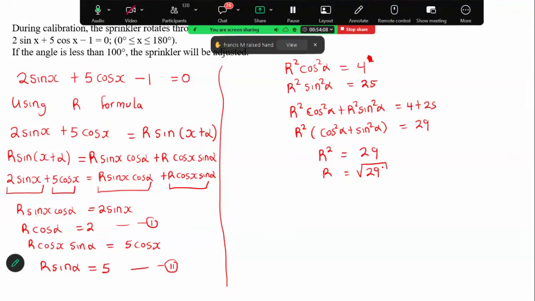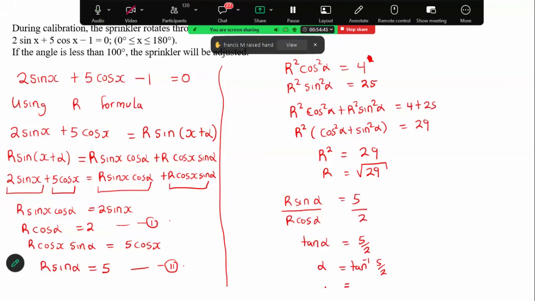Now avoid writing decimal points at anything. Here, take it the way it is. Don't write those decimal points, leave it like that. Then the next thing, we are going to get the angles. So you are going to divide equation 2 by equation 1. We shall have r sine of alpha equals 5, divided by r cos of alpha equals 2. So we shall have tan of alpha equals 5 out of 2, and alpha will equal tan inverse of 5 out of 2.